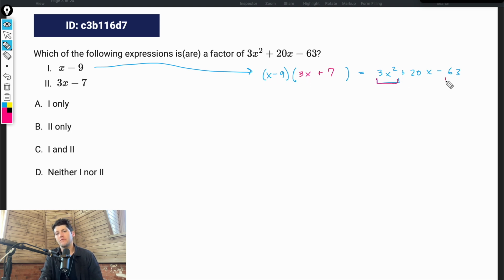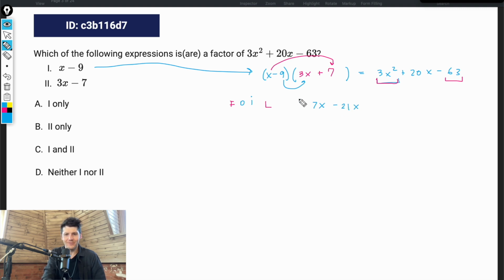And I'm going to confirm that it works by doing the middle calculation, which would be x times positive 7, so-called. We've done essentially the F and the L in FOIL, and now I'm going to do the O and the I to double check. Okay, so x times 7 is 7x, and then negative 9 times 3x is negative 21x.